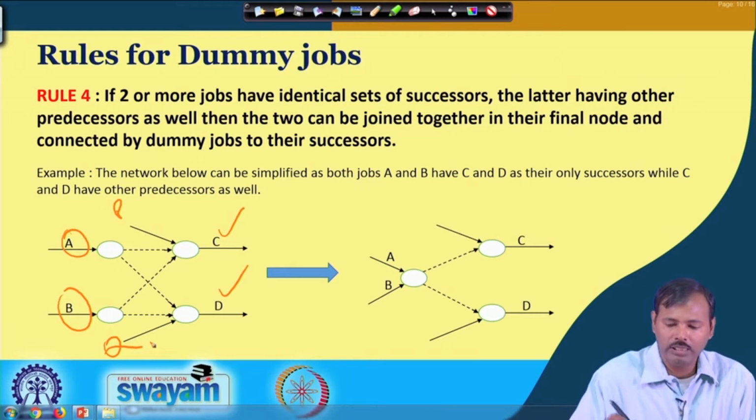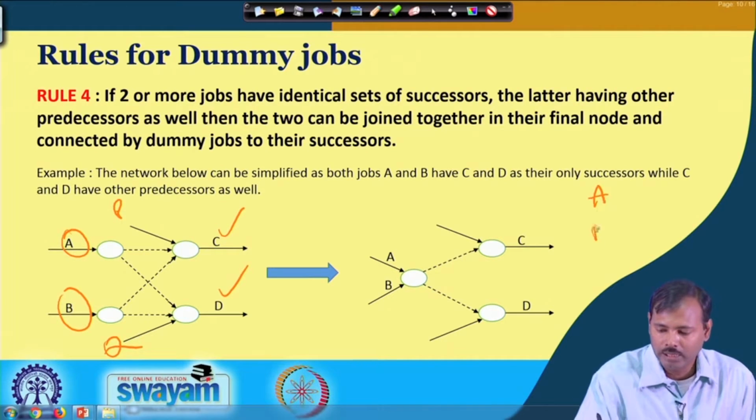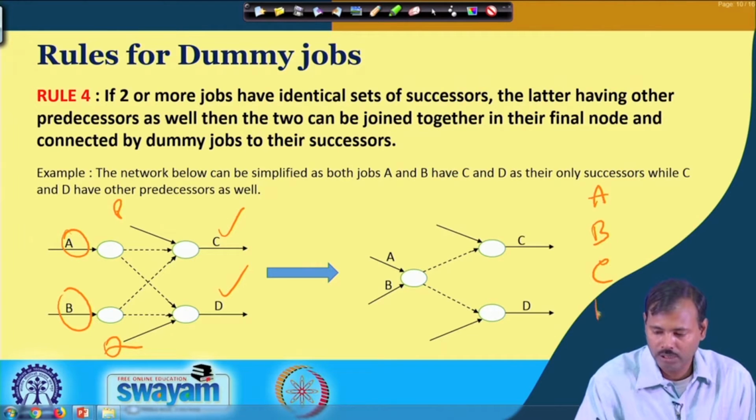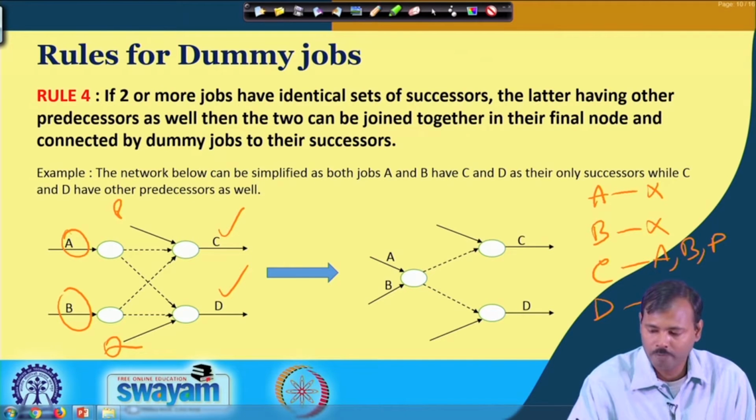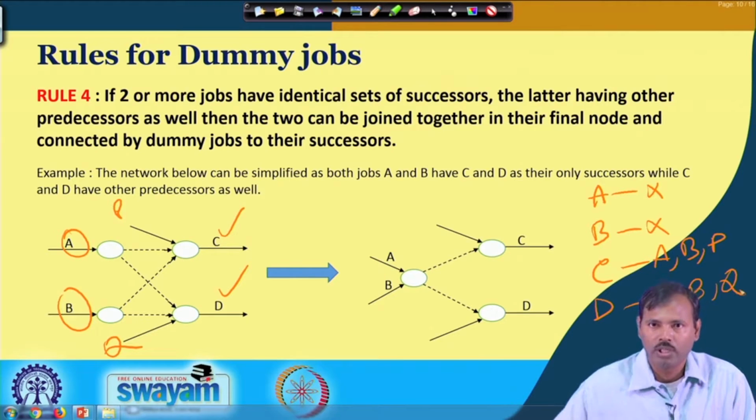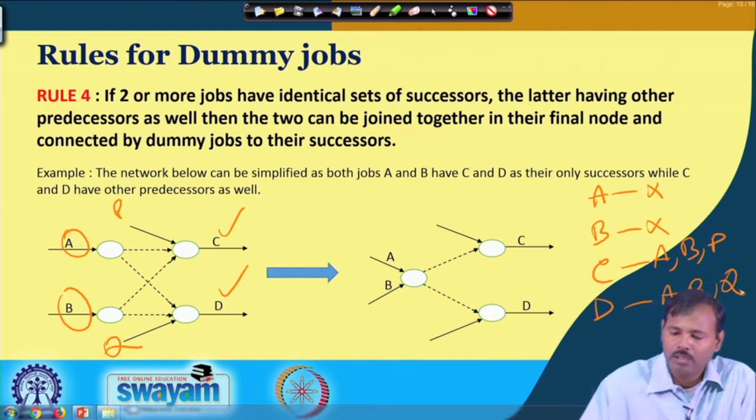So, if you draw the predecessors table for A, B, C, D: A has none, B has none, C is having A, B and P, and D is having A, B and Q. So, in this case what will happen?